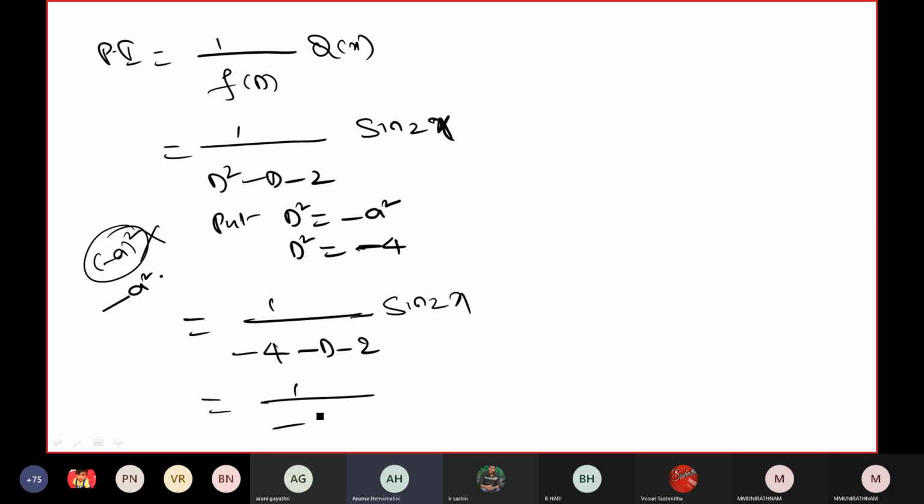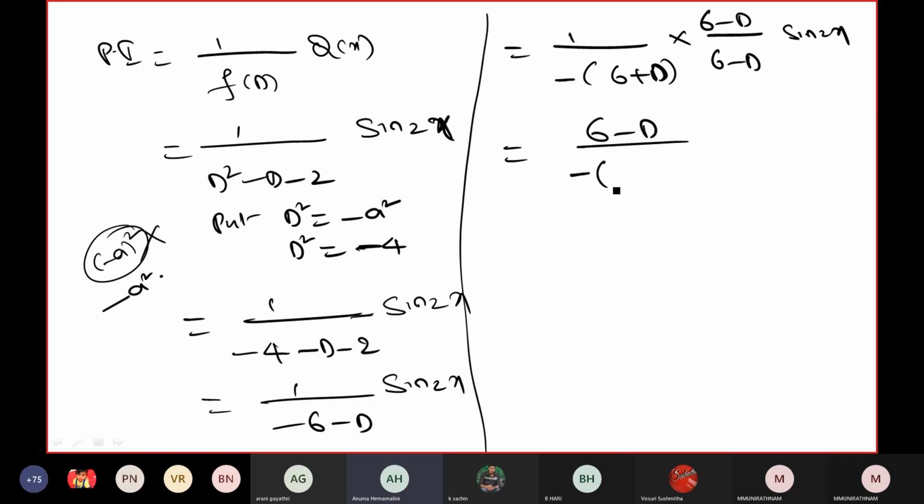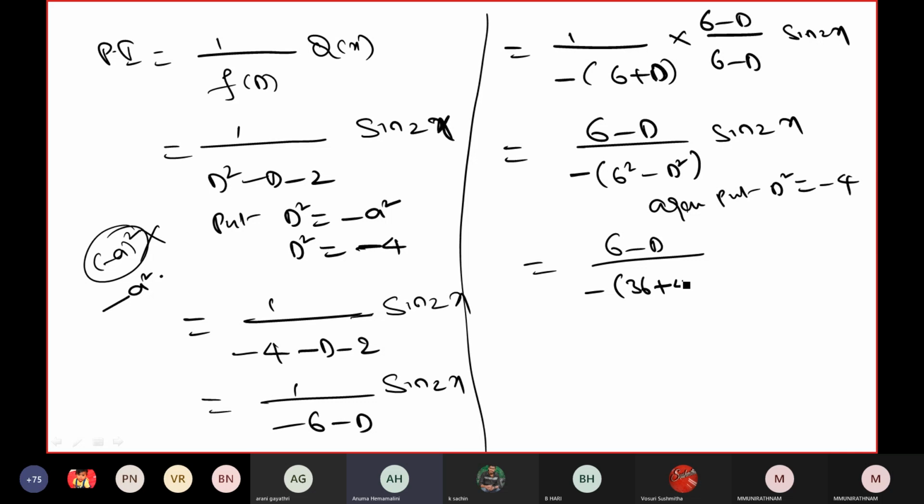So this is 1 by minus 6 minus d sin 2x. So now we have to bother about d. There is still d, so look, taking minus common it becomes 6 plus d, right? To convert this to d square, what I do is rationalize. The numerator stays the same, the denominator is a plus b into a minus b is a square minus b square. So again put d square is minus 4. This is 6 minus d by minus 36 plus 4 sin 2x, because of minus of minus. Okay.